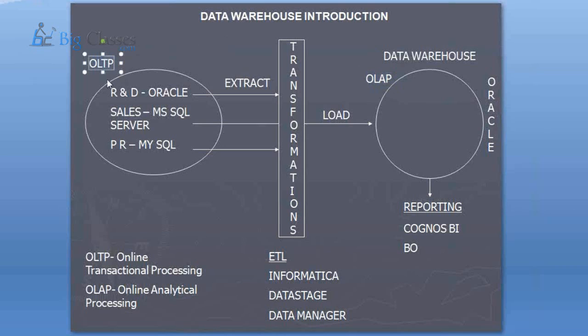OLTP follows the relational model. You already know this: table A joins with B joins with C, like that. Whereas OLAP follows the multi-dimensional model. Why a multi-dimensional model here?